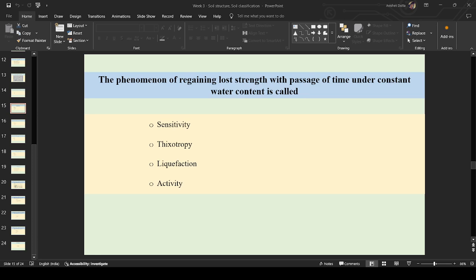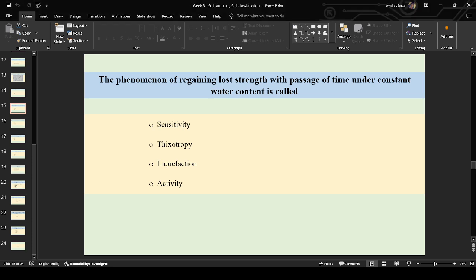The phenomenon of regaining lost strength with passage of time under constant water content is called.